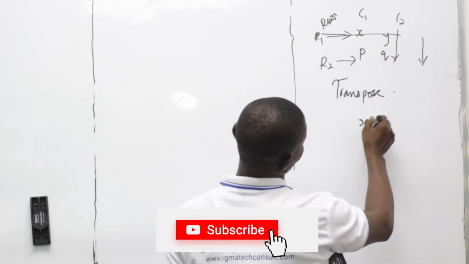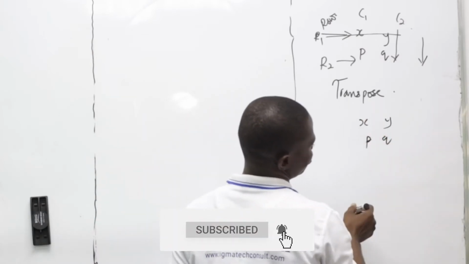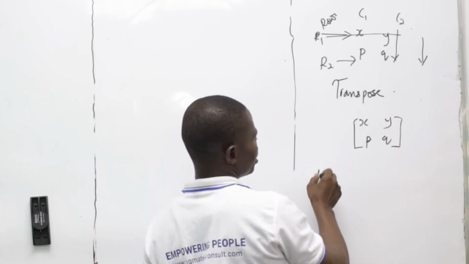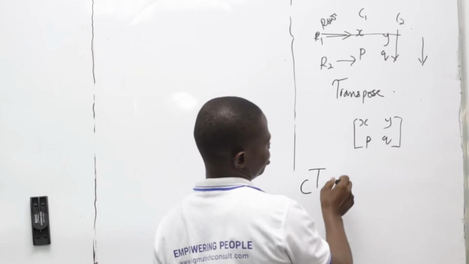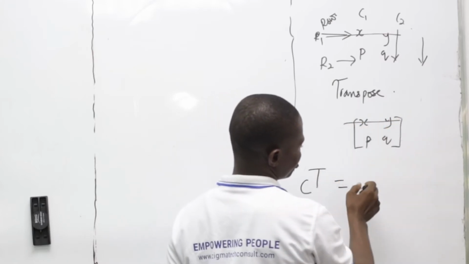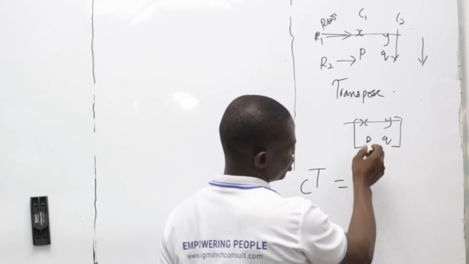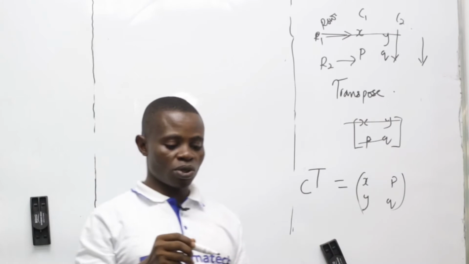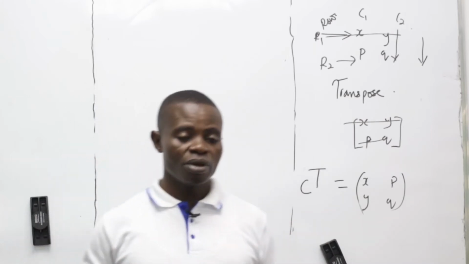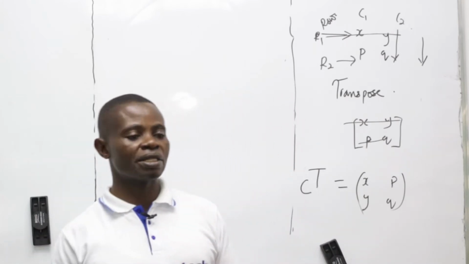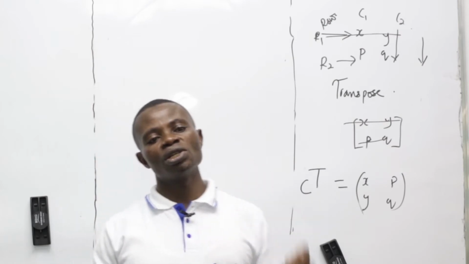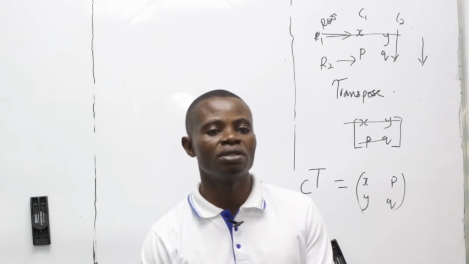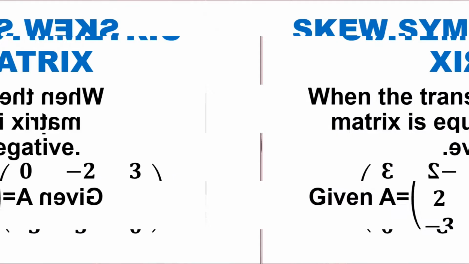Look at, we have X, Y, P, Q. To transpose this matrix, we say C^T equals changing rows into columns. This is the transpose of a matrix, indicated by the symbol C raised to power T, or any letter raised to power T, transpose.